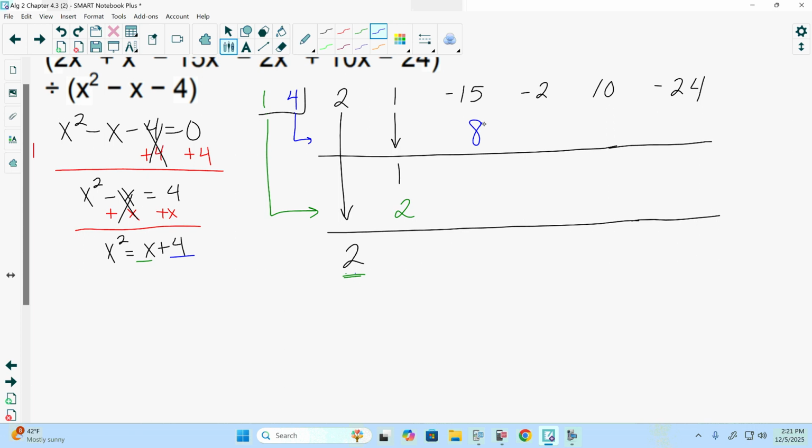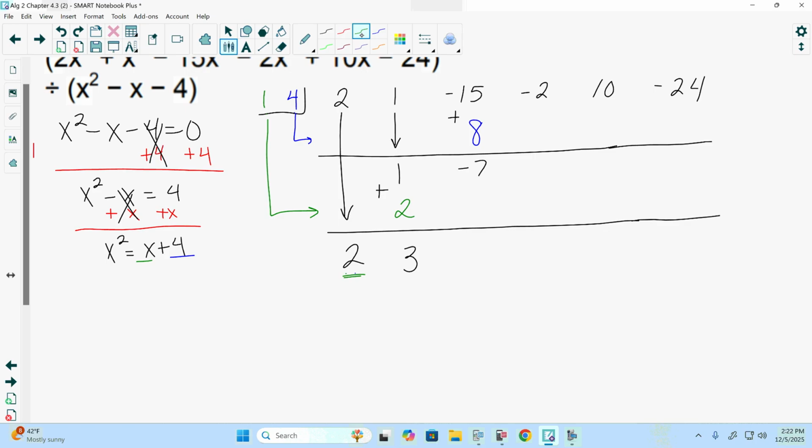Now the next step is just adding. 2 plus 1 is 3. Negative 15 plus 8 is negative 7. Yeah, I will have the rest of it up there, so if you want to come back and watch it, you can.